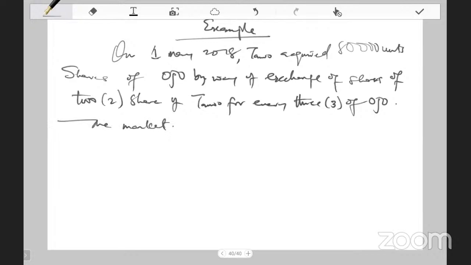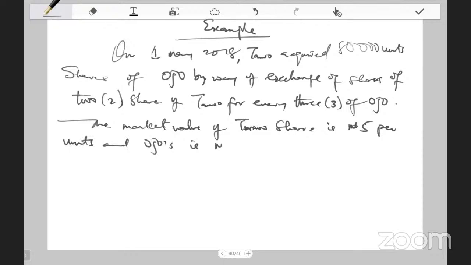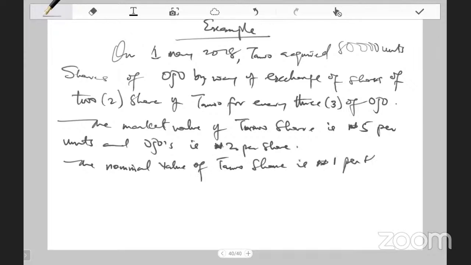The market value of Taiwo shares is 5 naira per unit, and Ojo's is 2 naira per share. The nominal value of Taiwo's share is 1 naira per share. So this is now your required.